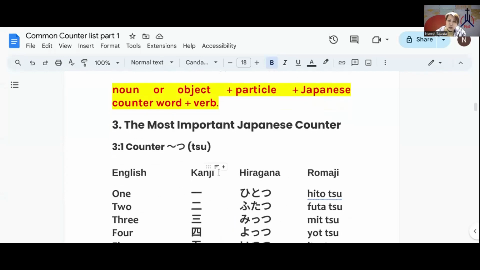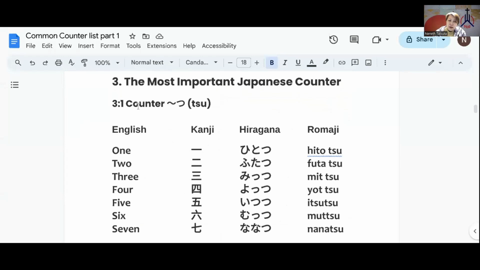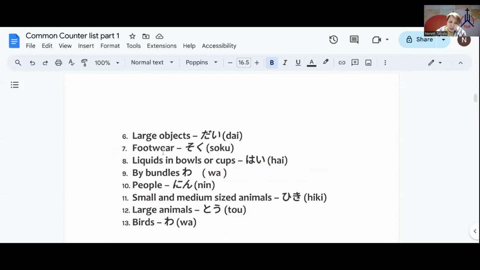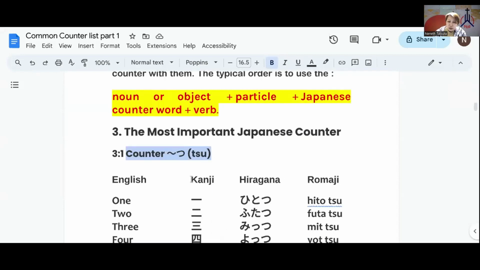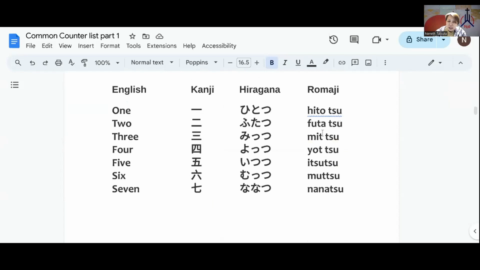So, just like what I said, for the common counters, if you don't know what you should apply here, you can just use hitotsu, futatsu, mitsu, yotsu. Just add the tsu.